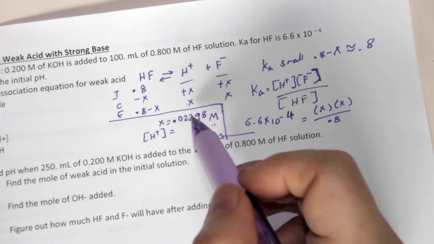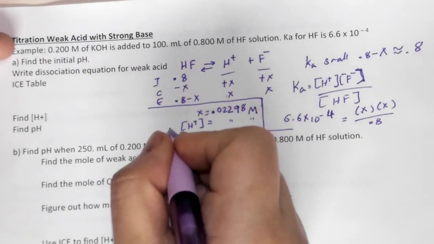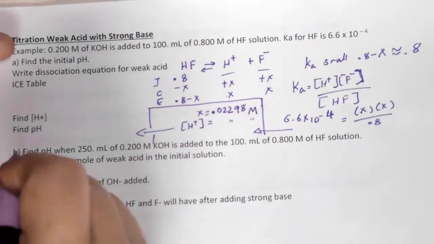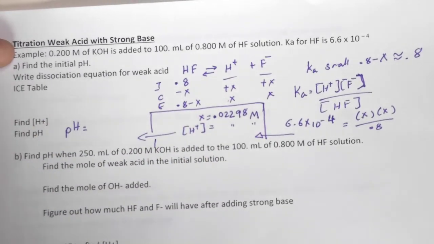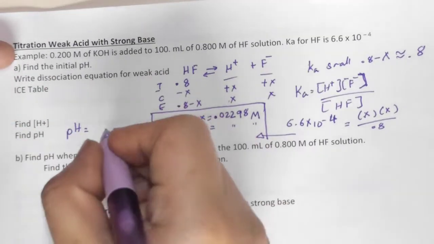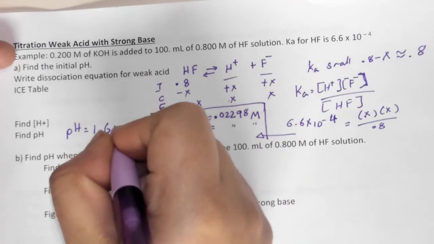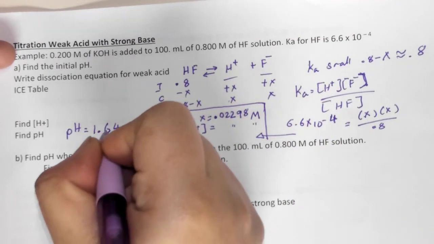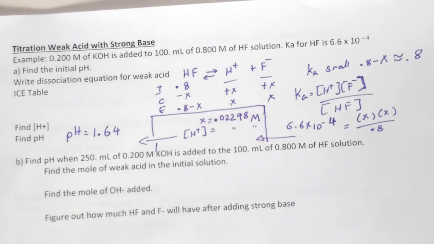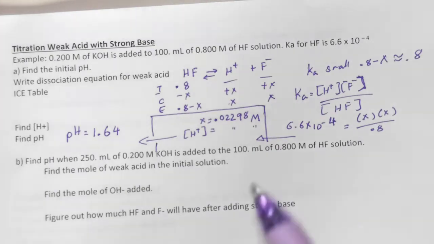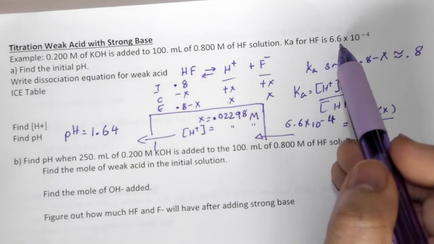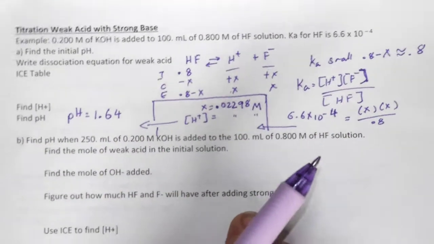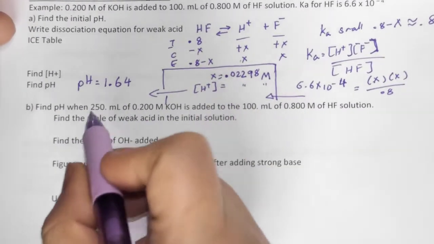So now that you have this, you're gonna find the pH. Easy, right? Negative log. So we're gonna get 1.64. Technically, I use 2 sig figs right here, so I'm using 2 decimals. All right, let's continue.